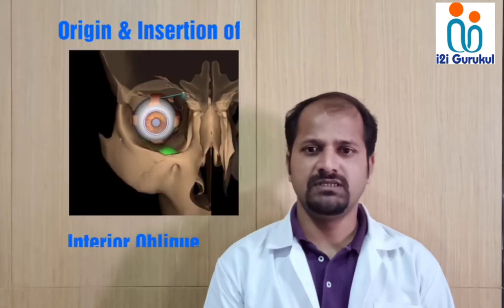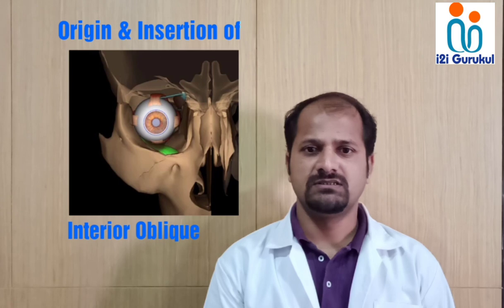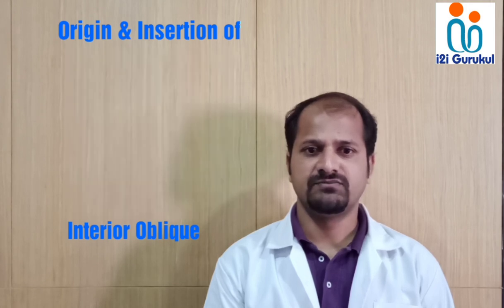Coming to the inferior oblique, it arises from the rounded tendon on the orbital plate of the maxilla, just lateral to the orifice of the nasolacrimal duct. It passes laterally and backwards to be inserted into the lower and outer part of the sclera behind the equator.